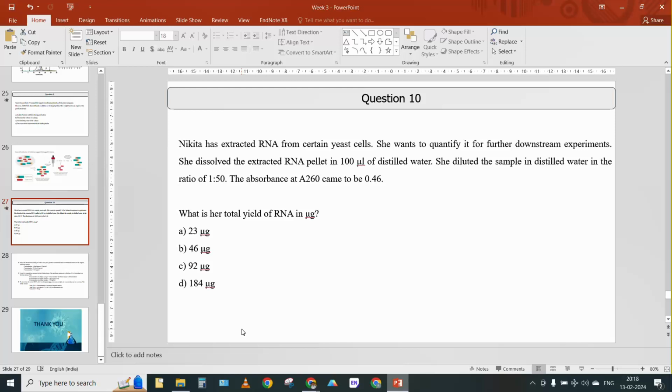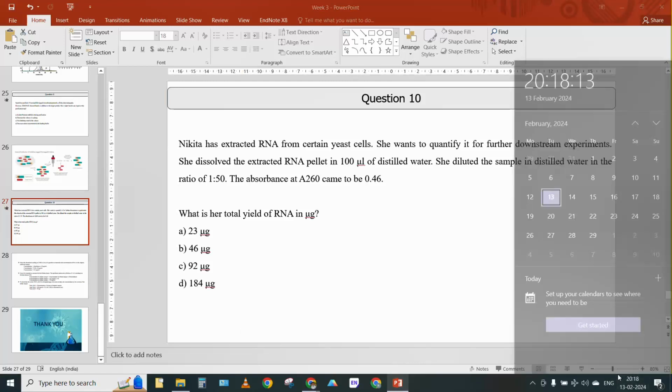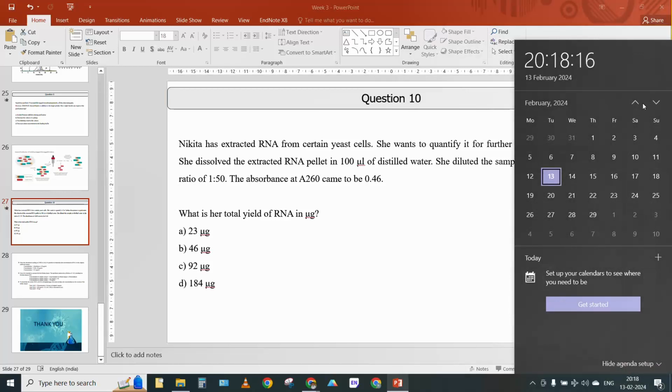Okay, so I'm done for the day. There's one announcement. The session which we were going to have on 27th is postponed to next week, which will be held on the 5th March.